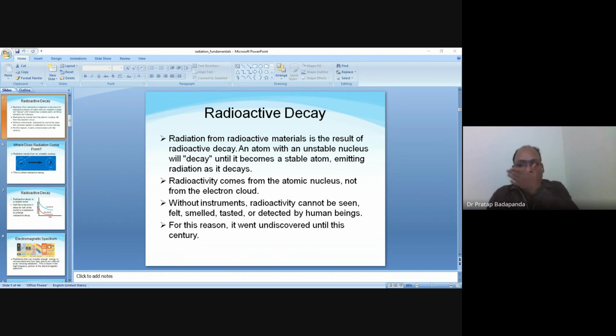Let me give another example. If you go to a medical hospital for an X-ray or MRI, you will see in front of the door, or in that area, the radiation mentioned in yellow color with a triangular shape.